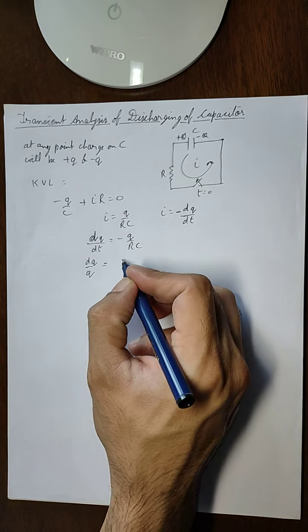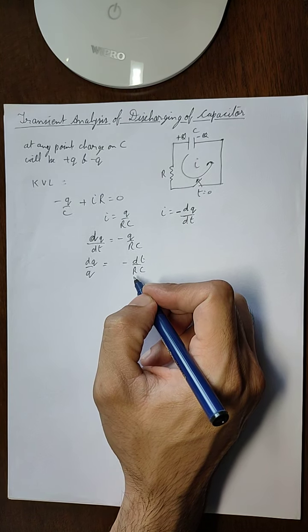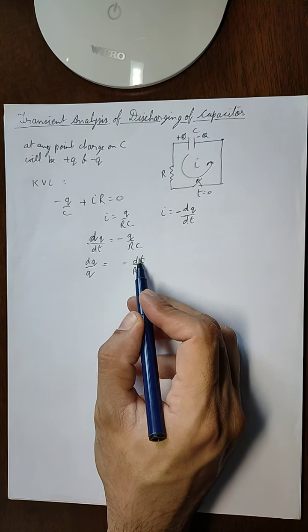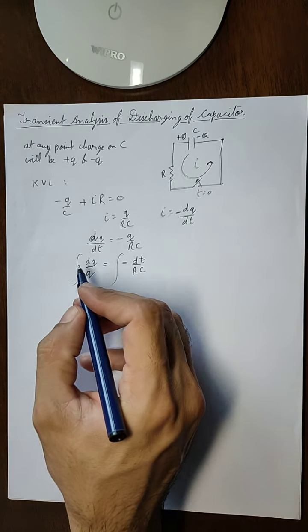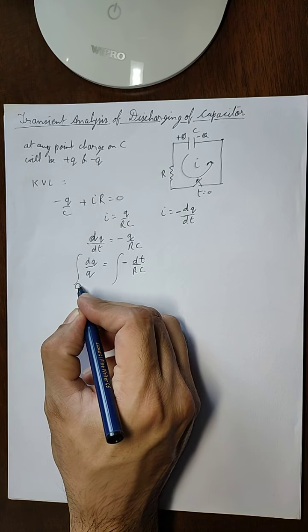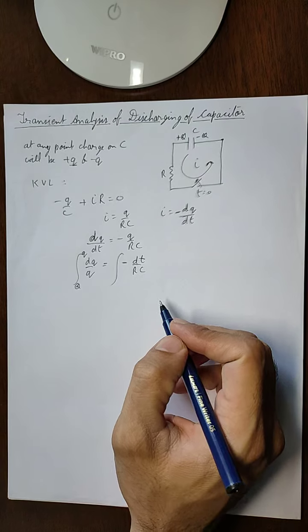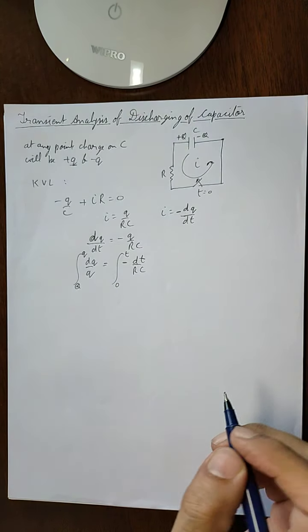Now if we rearrange this, then dq by q equals minus dt by RC, and to calculate the entire charge in the total time, we can integrate both sides. Here the limits will be, because it is discharging, from Q to any charge small q, and time from 0 to t.